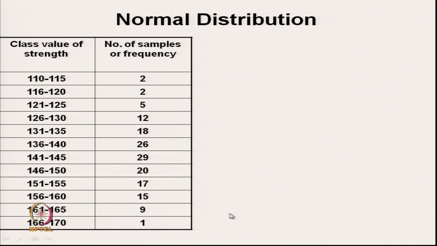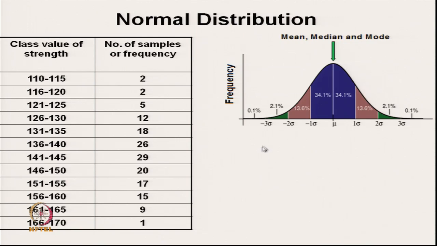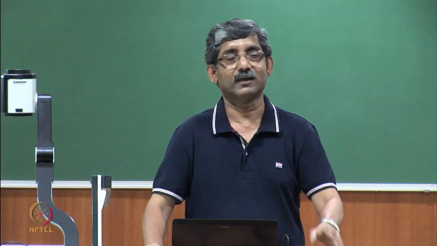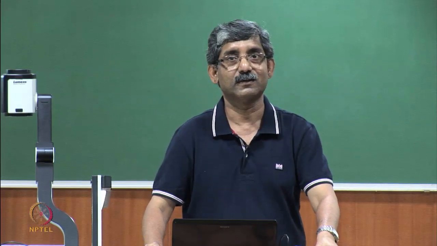If we form this table in the form of a diagram, this is the distribution, and in most cases of textile material, as they are random in nature, it has been observed the distributions are normal distributions.